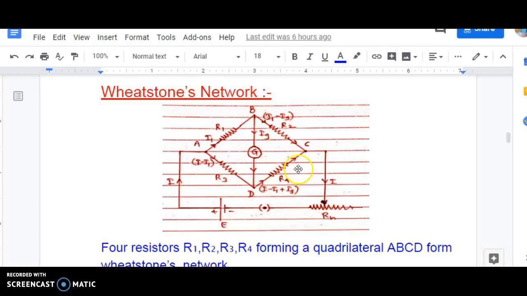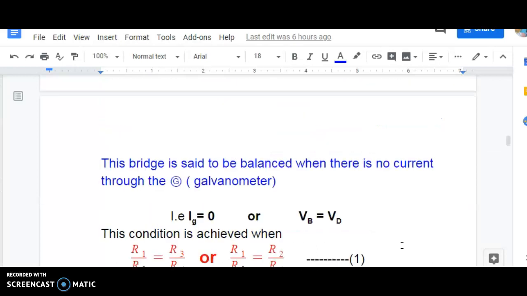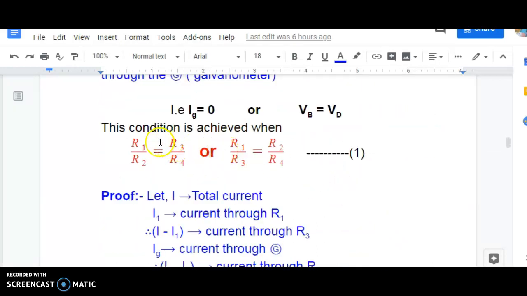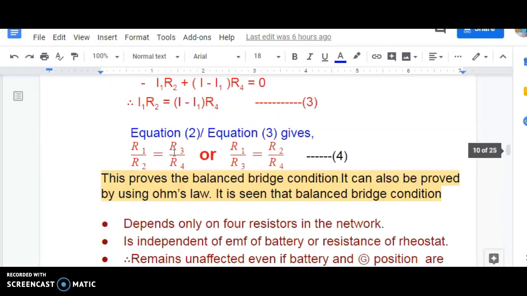Now in this equation, R1 upon R2 is equal to R3 upon R4, this is our balanced bridge condition. If I know any three of the resistors and the fourth is not known to us, we can calculate that resistance. So that's the basic idea we are going to use for determining the unknown resistance by using meter bridge.